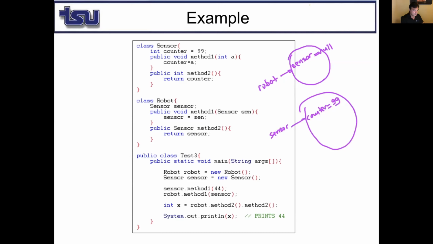Then I say sensor.method1. It will go to this one, and this 44 will be assigned. So counter, instead of 99, will change to 44.